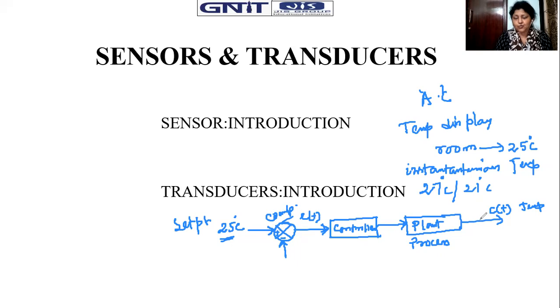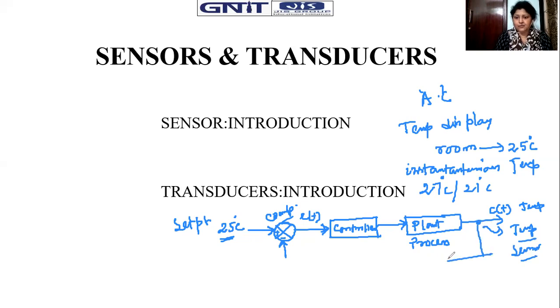So there is a scope of sensing that temperature. There should be a scope of sensing the temperature over here. So we are putting here a temperature sensor, which is directly attached to the process.